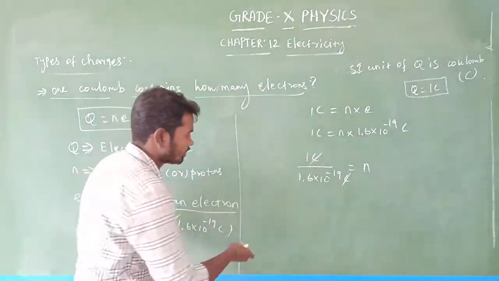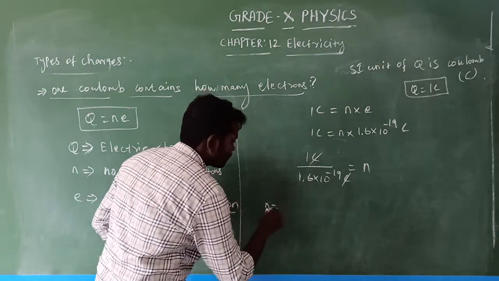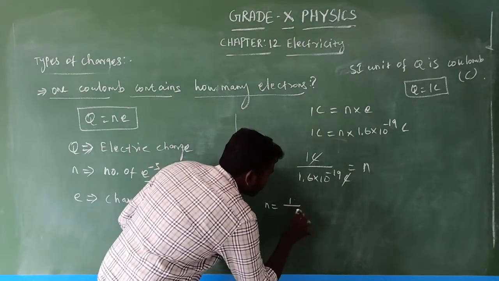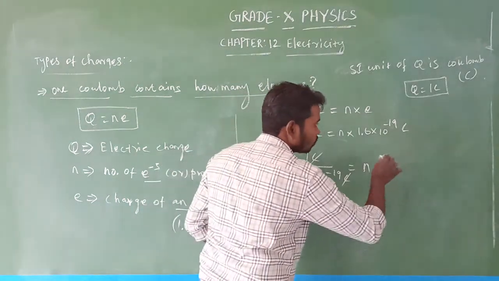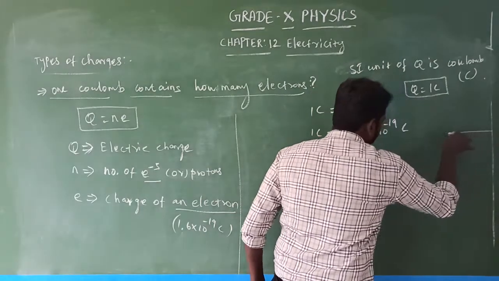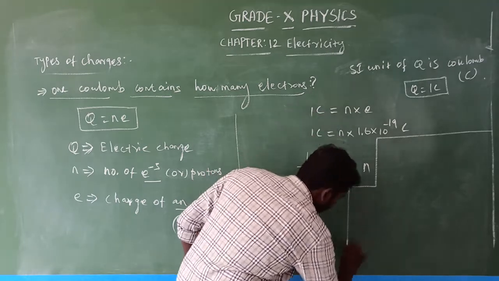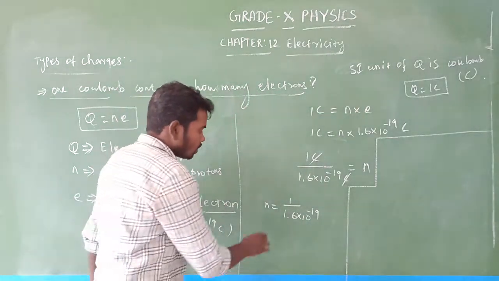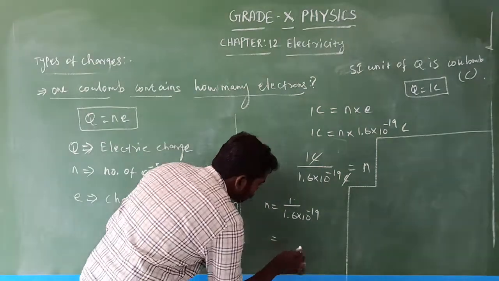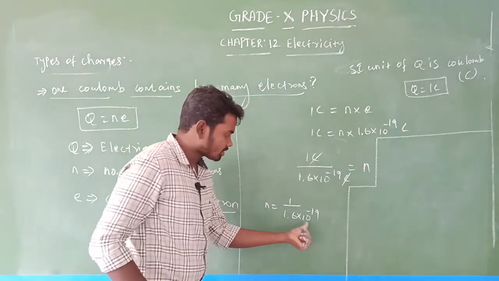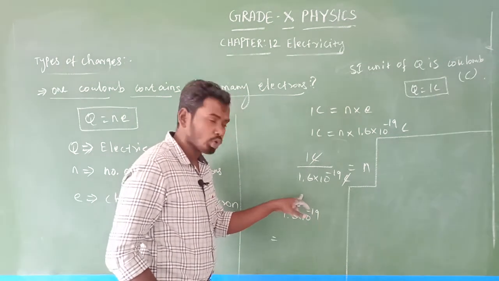So N is equal to 1 divided by 1.6 into 10 to the power of minus 19. When this 10 to the power of minus 19 goes to the numerator, what will happen?